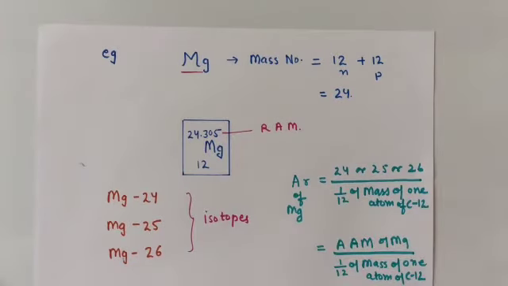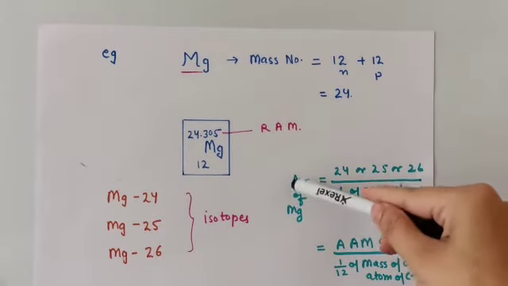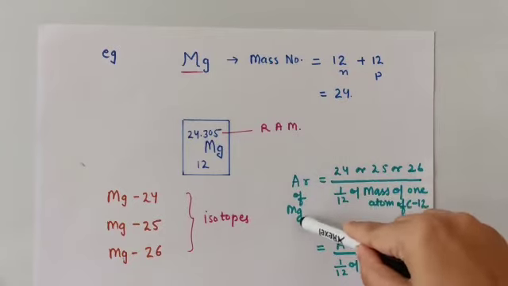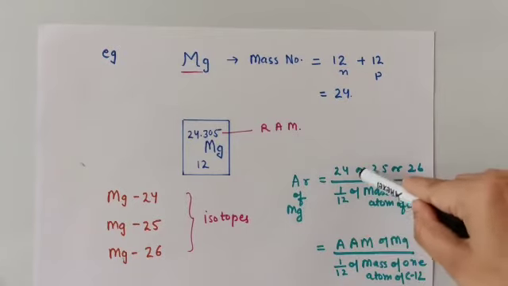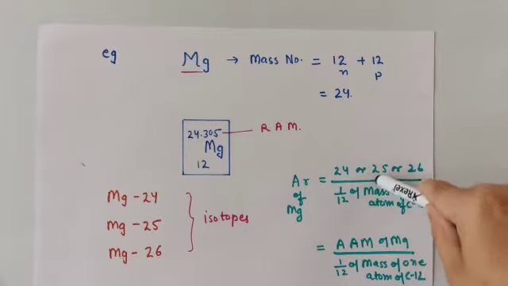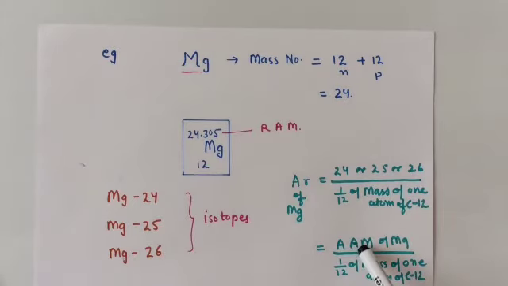So the question arises: while calculating the AR, that is the relative atomic mass of magnesium, what do we have to put here? Either 24 or 25 or 26? The answer is that we have to calculate the AAM, that is the average atomic mass of magnesium, and it will be taken in the ratio of 1/12 of the mass of one atom of C12.